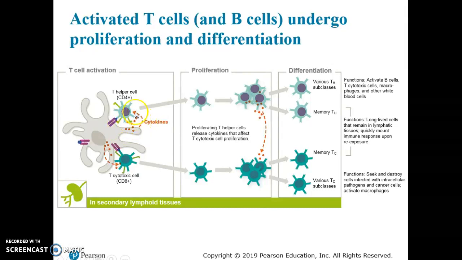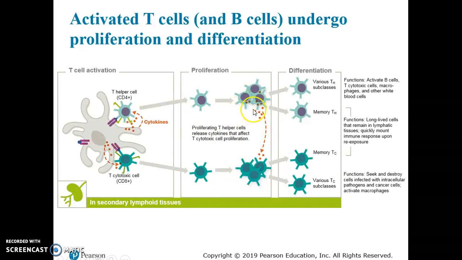All right, and this T cell is producing cytokines that activate this T cell, but will also cause the dendritic cell to become activated, and then these cells proliferate, and so you have high numbers.